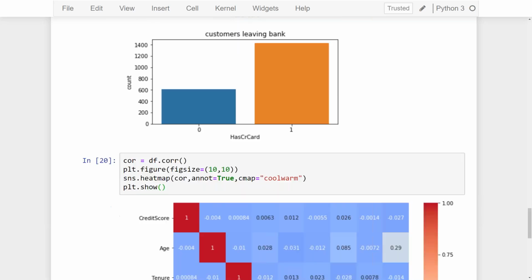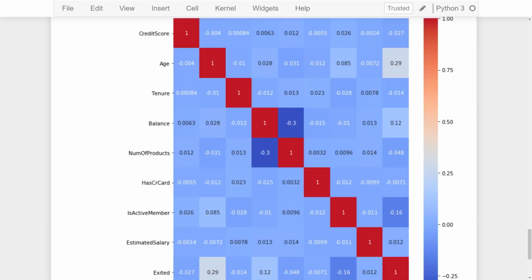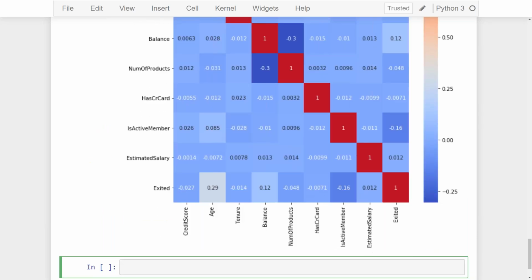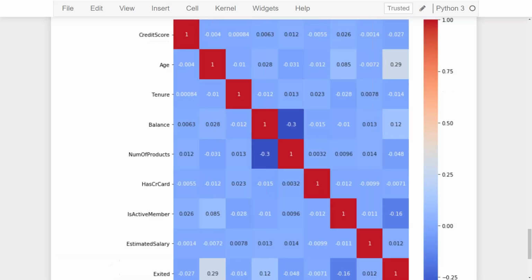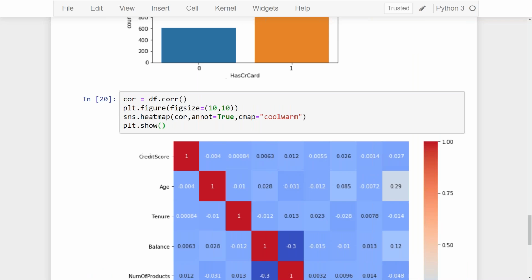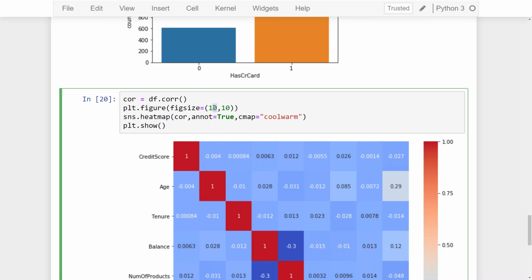So we got a correlation matrix here, and now we can make sense out of it, which feature is impacting and which is not. Let me actually make it 12, and this one maybe 8.